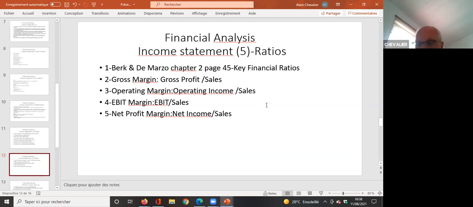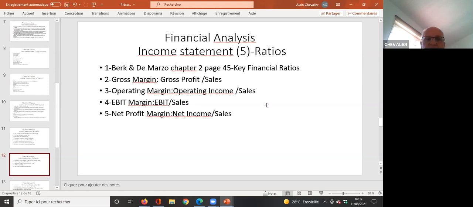And this is mainly based on the American experience. Among them, you find for the income statement a specific subset of the list of ratios, and this subset includes four main ratios.